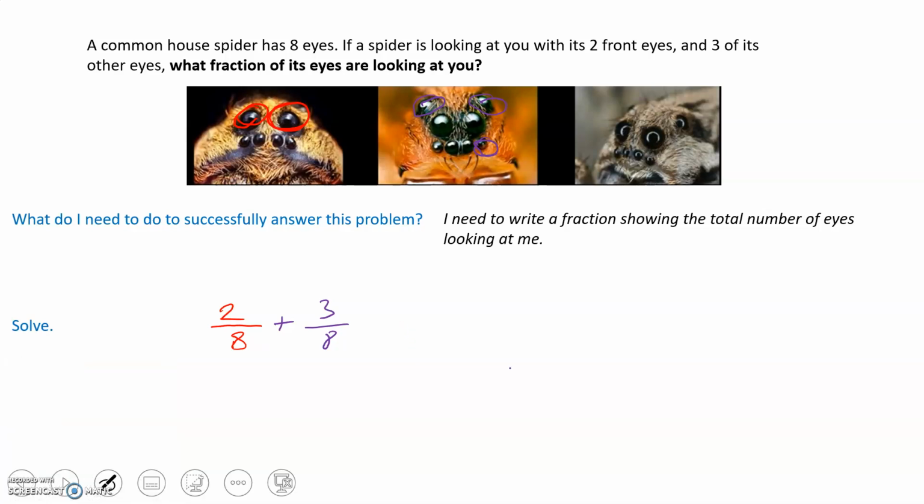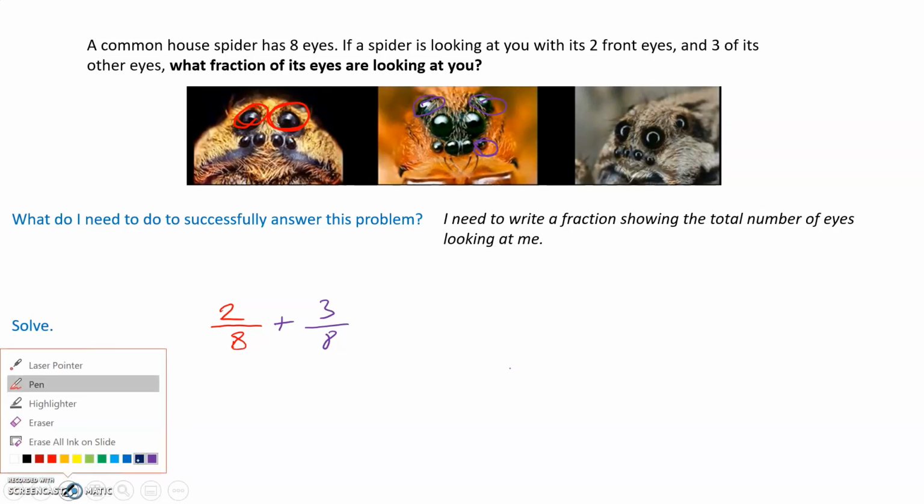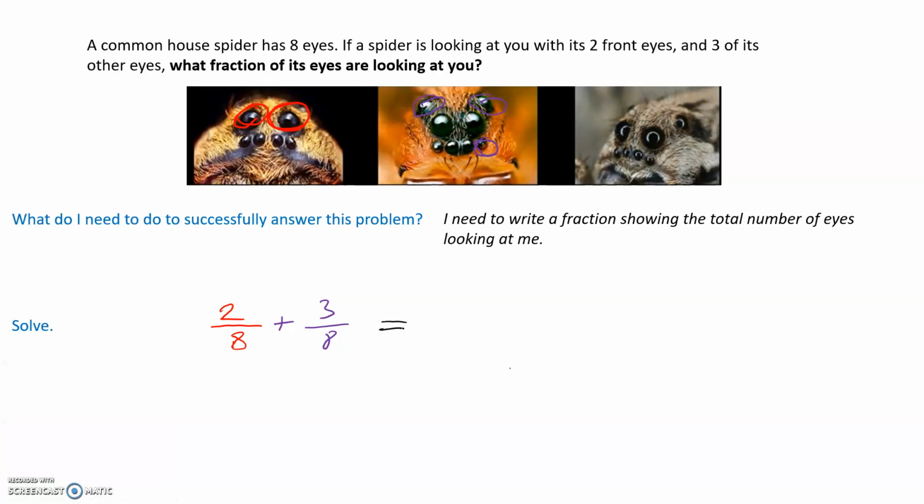So all I'm going to do is add 2 plus 3, and the denominator stays the same. So I have a total of 5/8 of the eyes looking at me. Simplify, that is actually already simplified. So my answer is 5/8.